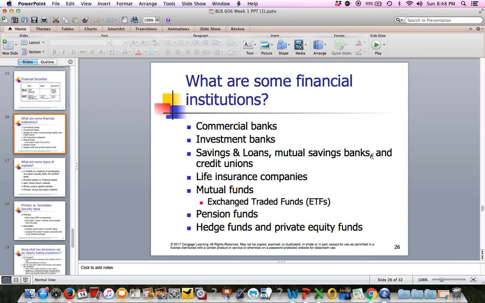They turn around and invest that and try to grow their portfolio so they can afford to make claim payments. Mutual funds, ETFs, which are exchange traded funds, we'll talk about those in the future. Pension funds and hedge funds are all just different examples of institutions that have a lot of money that they turn around and look to invest. They supply capital to the economy.